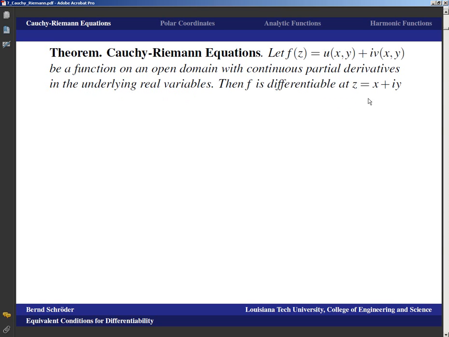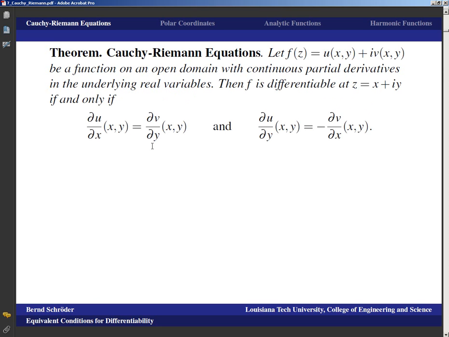Then that function is differentiable at z equals x plus iy if and only if we have that the partial derivative of u with respect to x is equal to the partial derivative of v with respect to y, and the partial derivative of u with respect to y is equal to the negative of the partial derivative of v with respect to x.